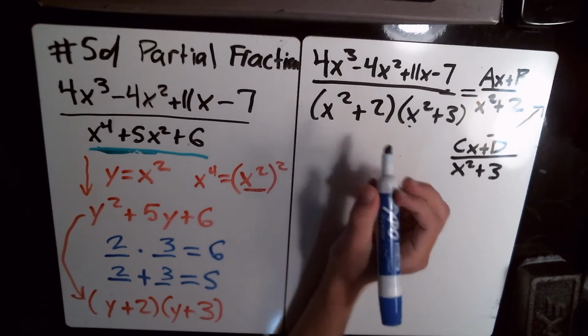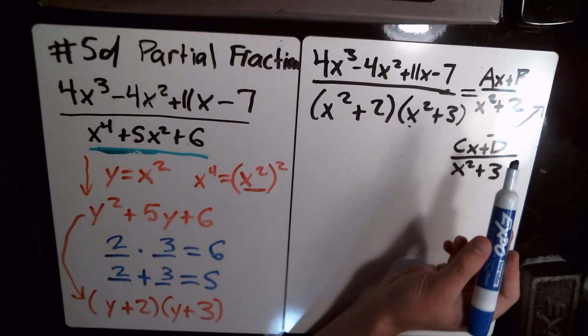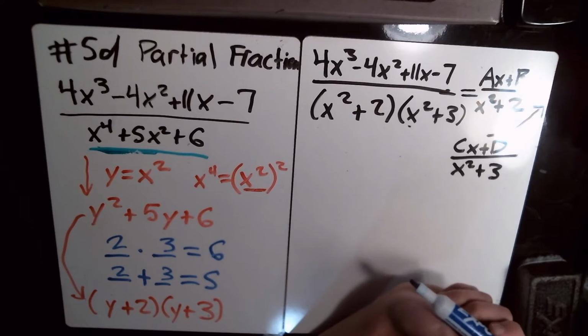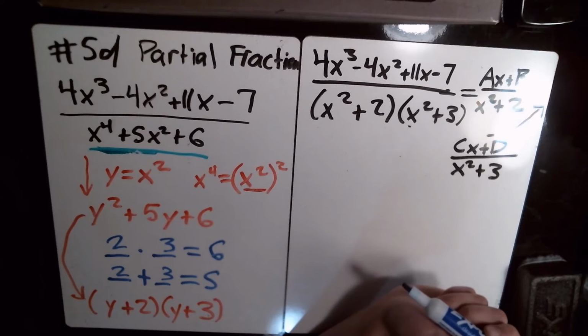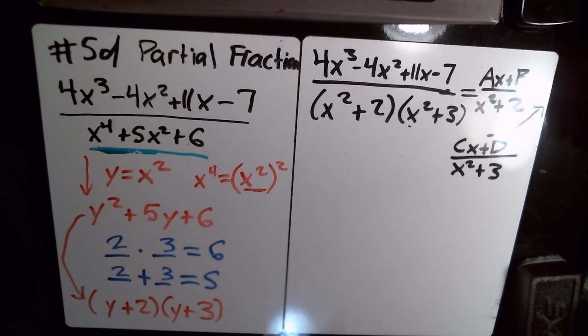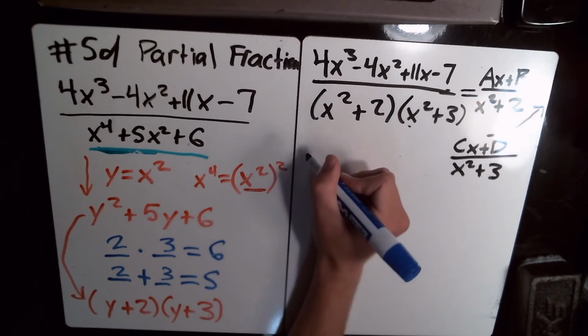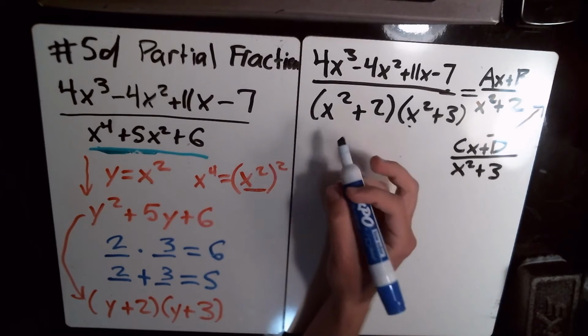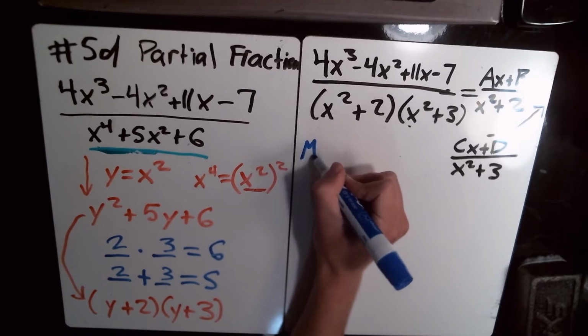So now what we're going to do is we want to solve for a, b, c, and d so that we can get what the actual form looks like. Okay? So what we're going to do is multiply by the bottom to get rid of all the fractions.